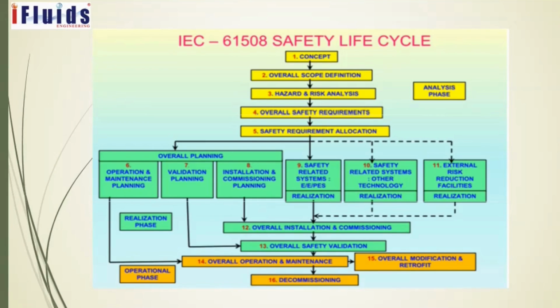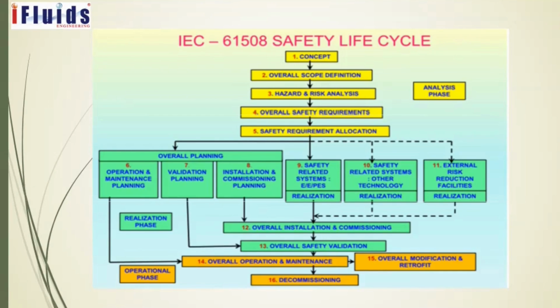Those in green are overall planning, operation and maintenance planning, validation planning, instrument installation and commissioning planning, and safety related systems realization, other technology realization, and external risk reduction facilities realization. So this is the realization phase.